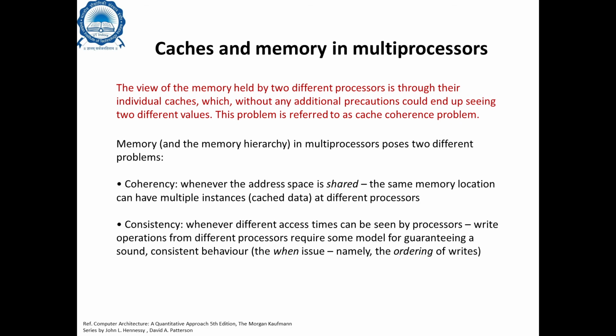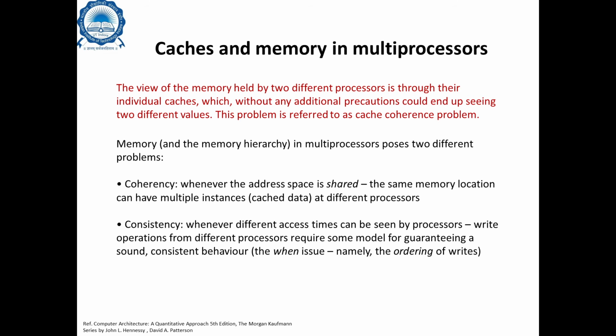We'll do an example, it will be clear. While for consistency, the problem we are speaking about is in terms of the access time. Whenever different access times can be seen by the processors, the write operations from different processors require some model of guaranteeing a sound consistent behavior. That is, there should be some algorithm, some rule by which the processors should be able to see the data.